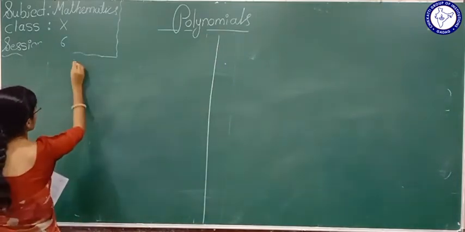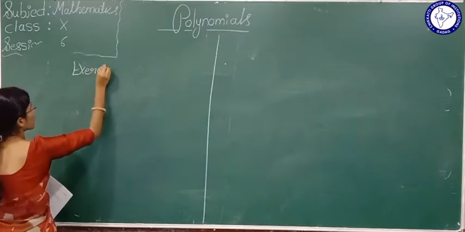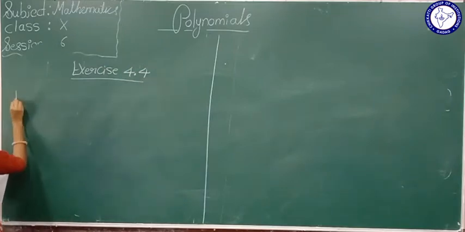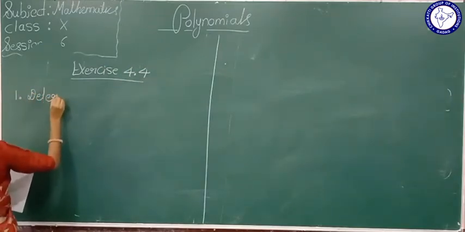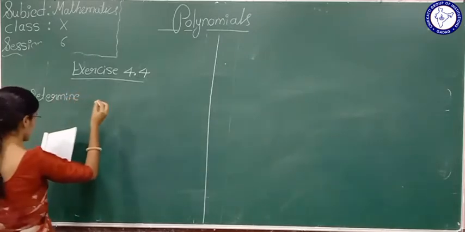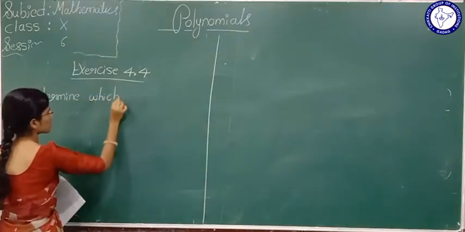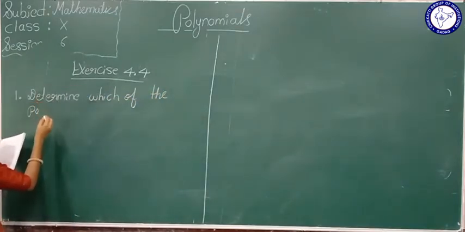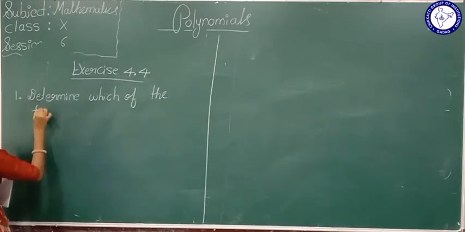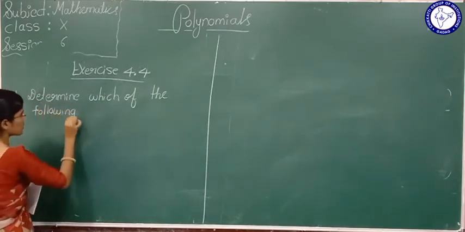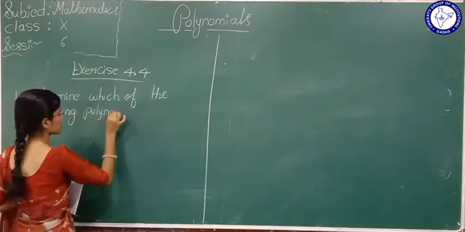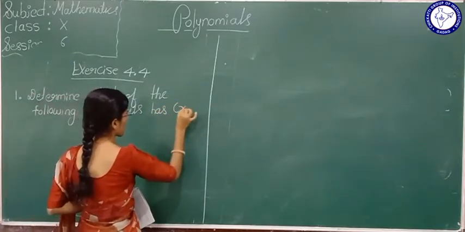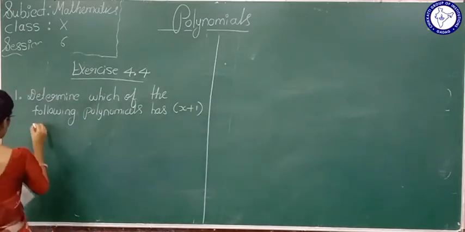Now see here, exercise 4.4. See students, only a few I am solving, the rest you have to solve. So first one, determine which of the following polynomials has x plus 1 a factor.